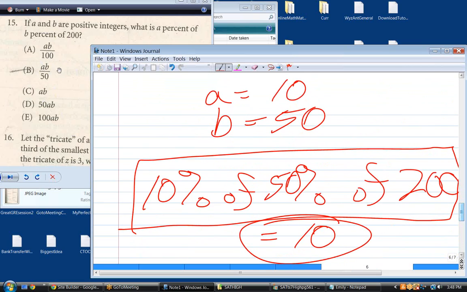You got multiplication going on, you got division going on, you got all kinds of stuff. It's difficult for me to figure out what this should be, but when you stick numbers in there, there's no denying it. It has to work for whatever numbers you pick because they didn't tell us what A and B had to be. So I can absolutely make A and B anything I want.